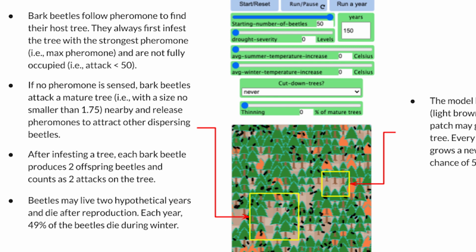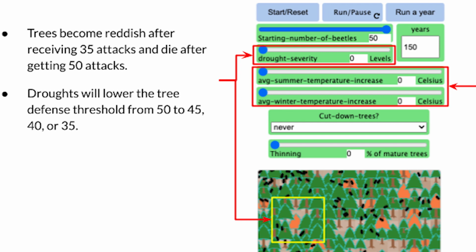If they find the host tree, they will infest it and release pheromone to attract other beetles. After infesting a tree, each bark beetle produces 2 offspring beetles, which counts as 2 attacks on the tree. Beetles will die after reproduction or at the age of 2. In addition, 49% of beetles die during the winter. Each host tree becomes orange after receiving 35 attacks and dies when receiving more than 50 attacks.